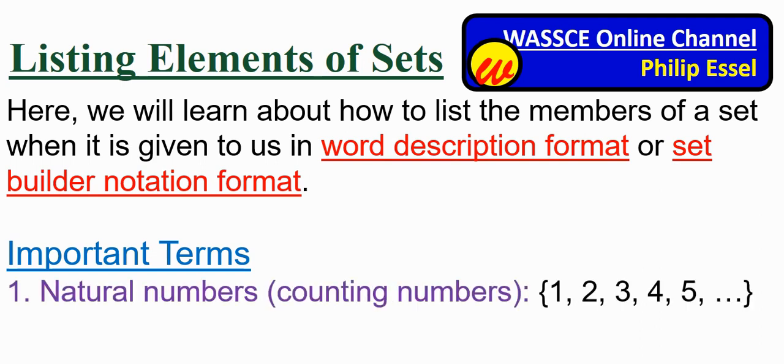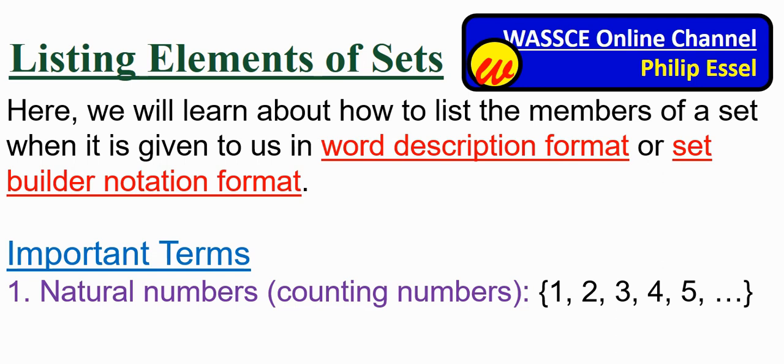So first, we'll look at natural numbers. Let's also remember that natural numbers are also referred to as counting numbers, and they are the numbers 1, 2, 3, 4, 5 to infinity.